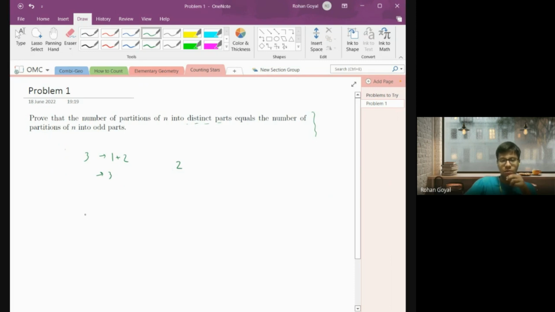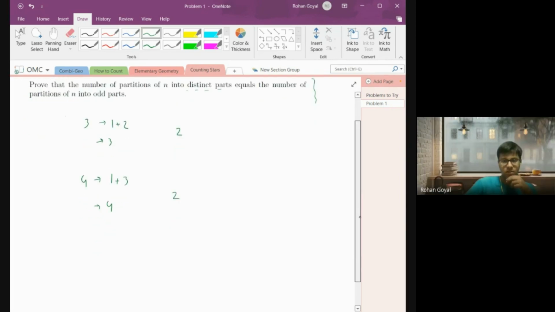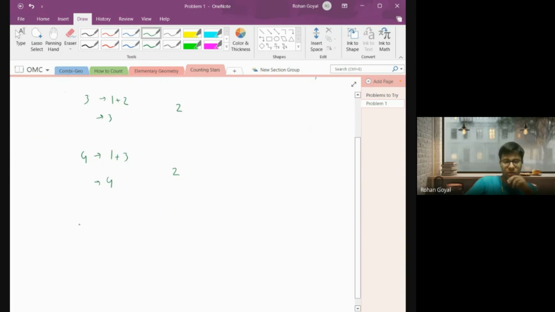Let's say 4, you could partition this as 1 plus 3 or 4. Is there any other way? 2 plus 2 is not distinct parts. Yeah, so just two ways. For 5, how can you do it? 1 plus 4, 2 plus 3. Anything else?